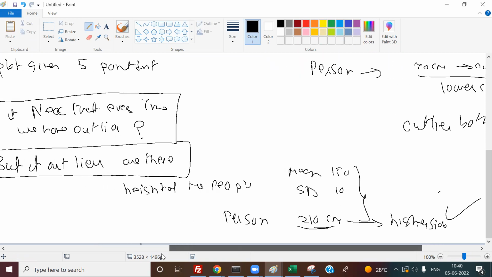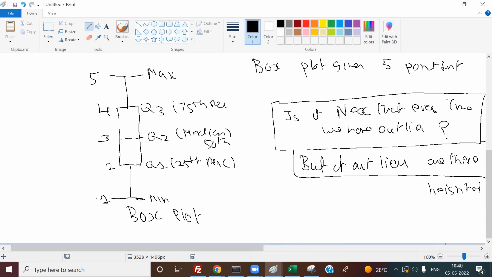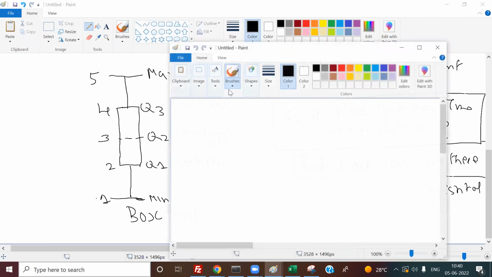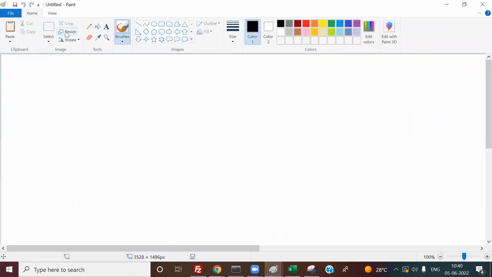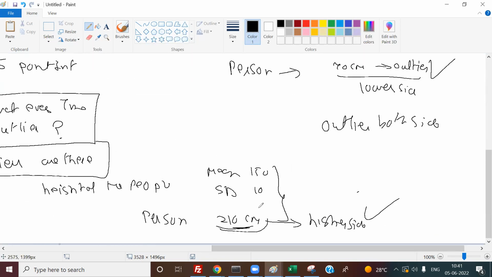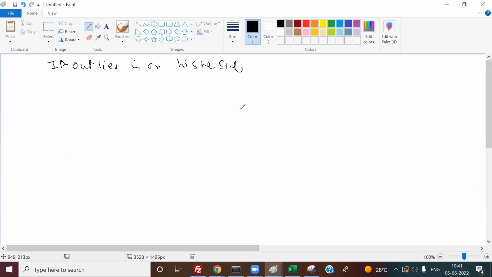Now, as of now, I have drawn a plain simple diagram. But if outlier exists, and mark my words, I'm saying if, it's not necessary that every time outlier may be there. Let's say if outlier is on higher side, for this example, let me say जिसकी height 210 है. Let's say if this person exists, then your box plot would be shown something like this.